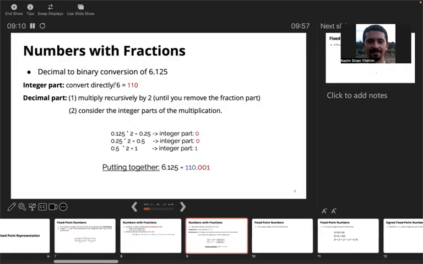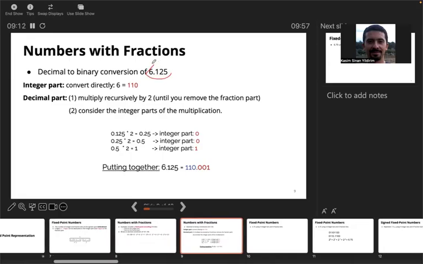For example, another thing: now I have a real number in base 10. How do I convert it to binary, how can I represent it, again using 3 bits for the integer part and 3 bits for the fractional part?